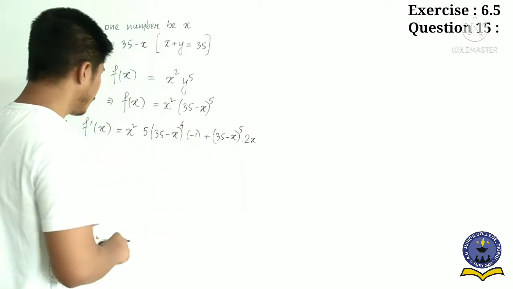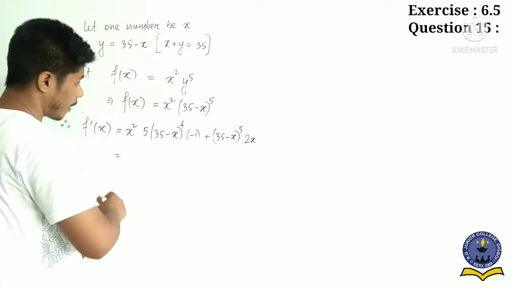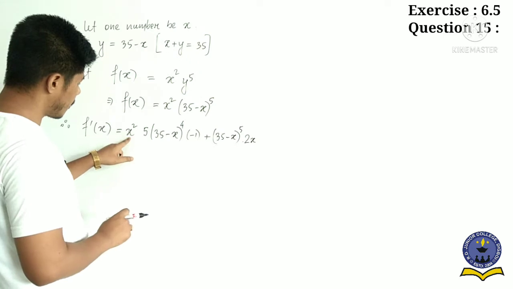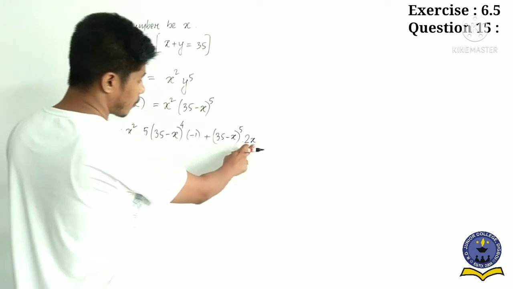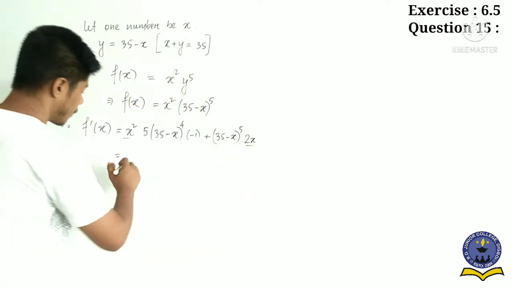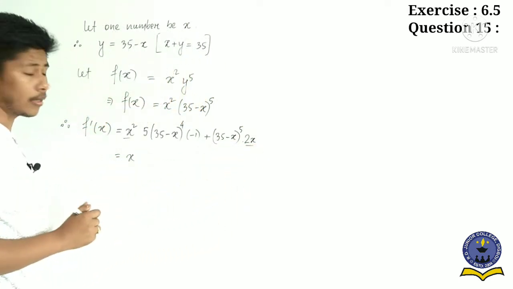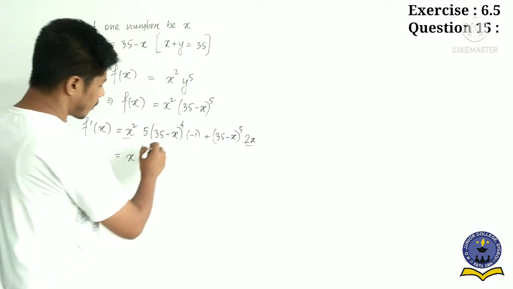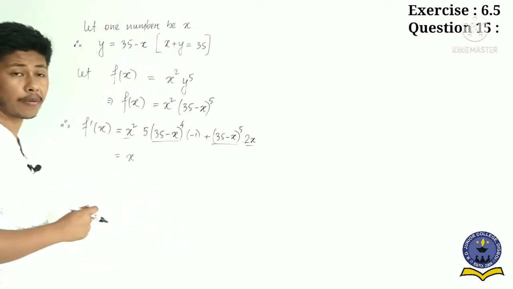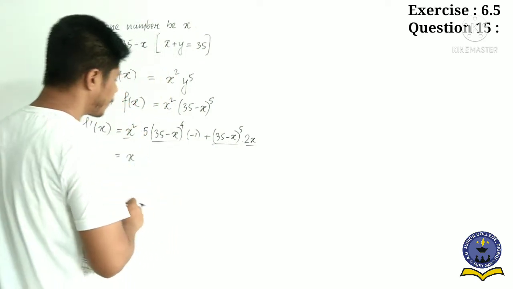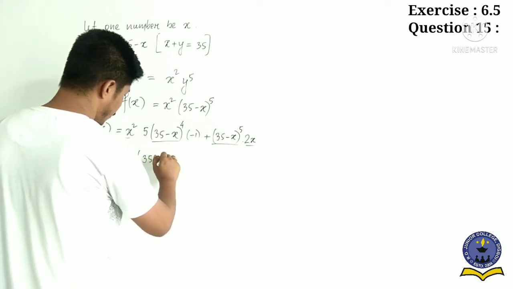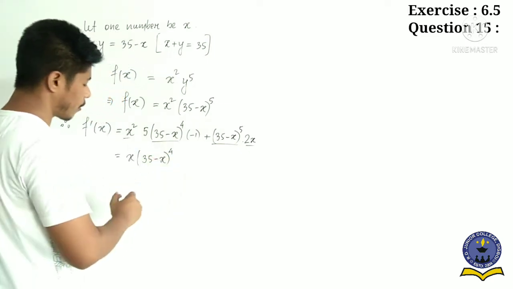Is it clear? Okay. Now, from these two terms, what is common? In the first term x square is there, and in the second term 2x is there, so we can take x common. Secondly, you see (35 minus x) to the power 4 and (35 minus x) to the power 5, so we take (35 minus x) to the power 4 common.